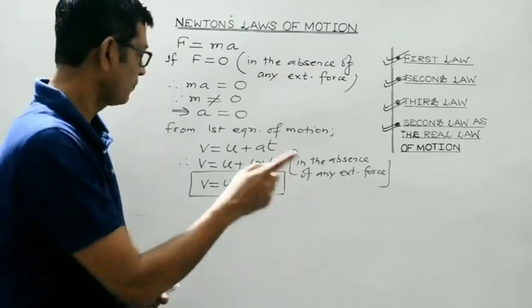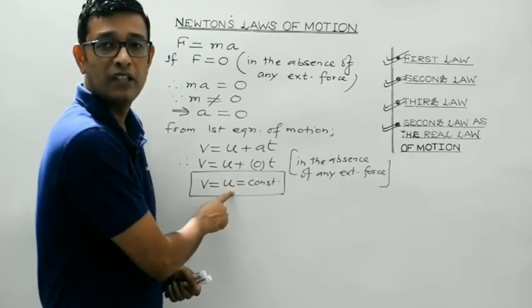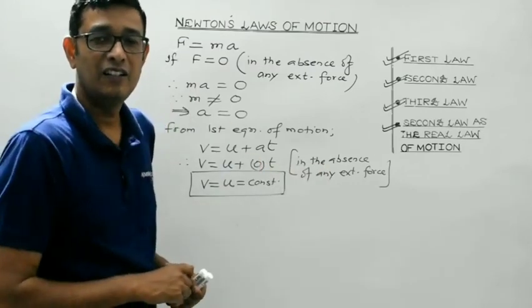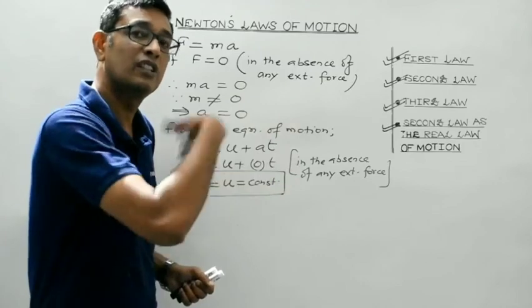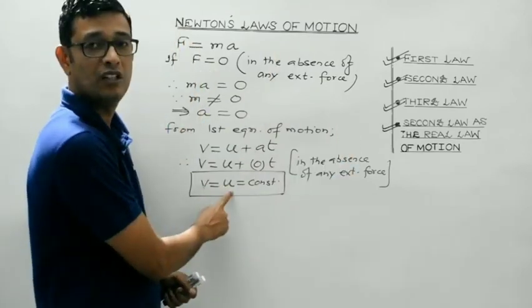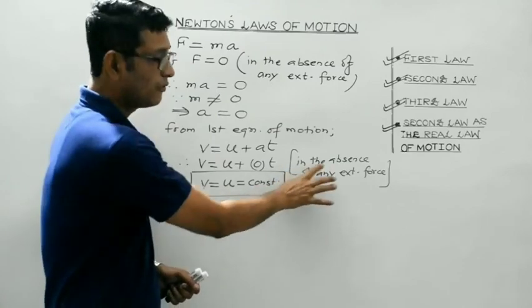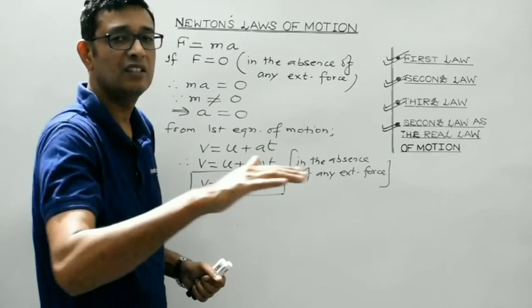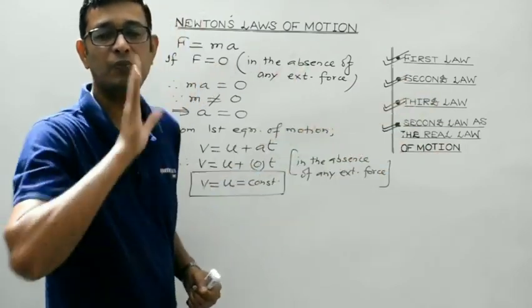And in case the body is moving uniformly along a straight line with a speed of, say, 5 meters per second, then its final velocity after some time will also be 5 meters per second because V is equal to U. Therefore, if no net force acts on a body, the body will keep moving along the same straight line with the same speed.